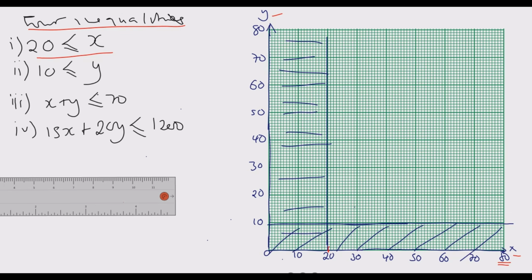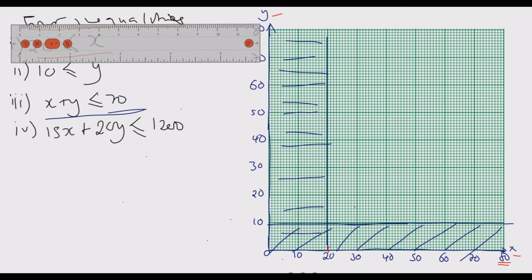Then next we look at this value, where we're saying that when we add x and y, the value should be a maximum of 70. So what we do with this one is ask what happens if x is equal to 0. Once x is equal to 0, we end up with y equal to 70.